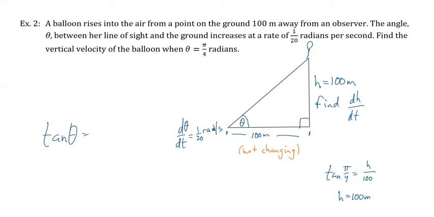So tan theta is opposite, which is h, over adjacent, which is 100. Take the derivative. And it's exactly the same as the last one, except a different number.